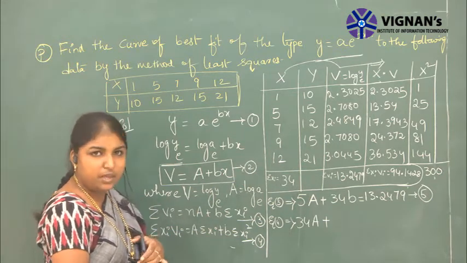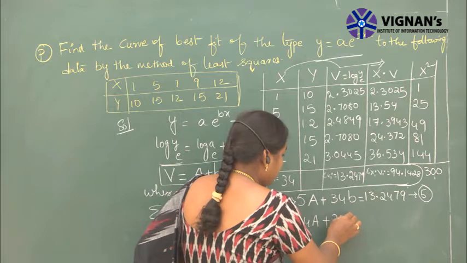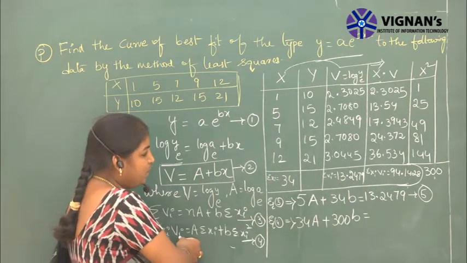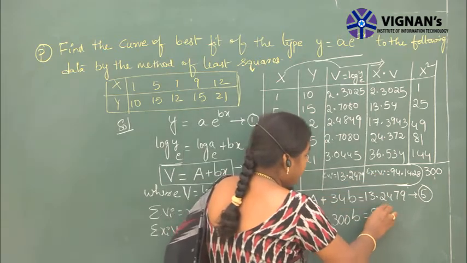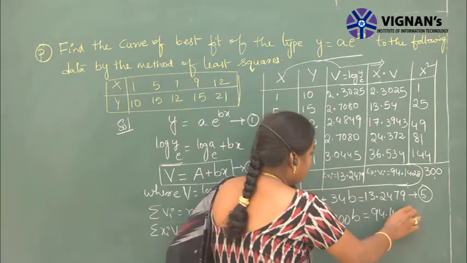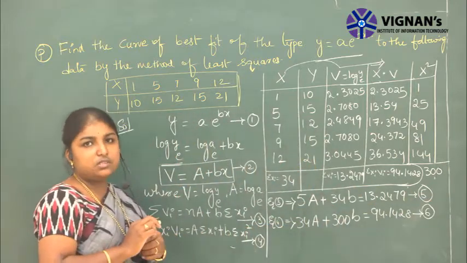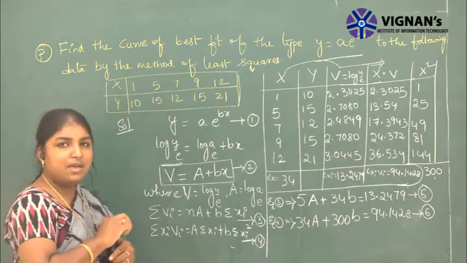Summation x square is 300. So 300 into B is equal to summation xi into Vi. So that value is 94.1428. Let it be equation 6. So now you are solving equation 5 and 6.